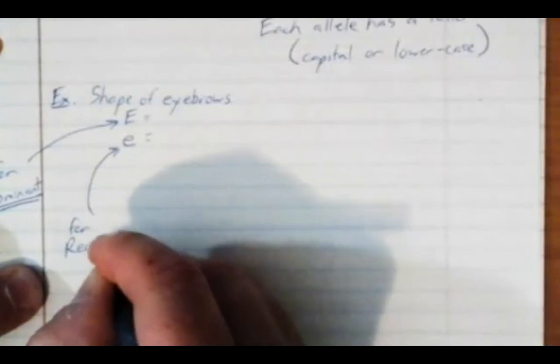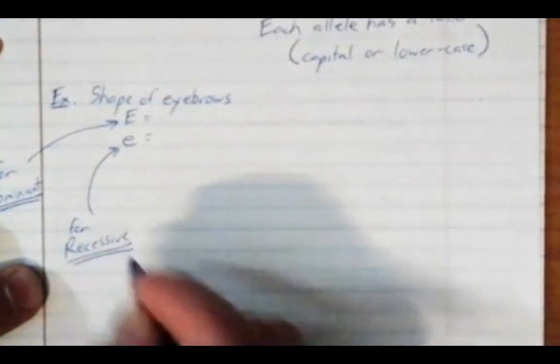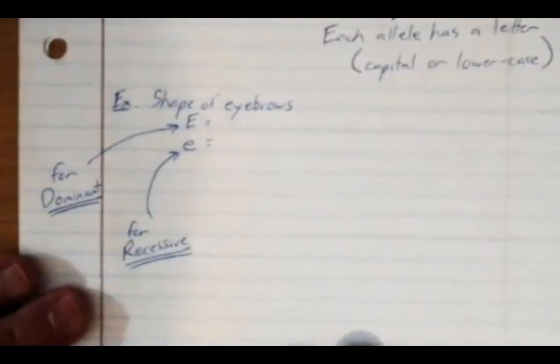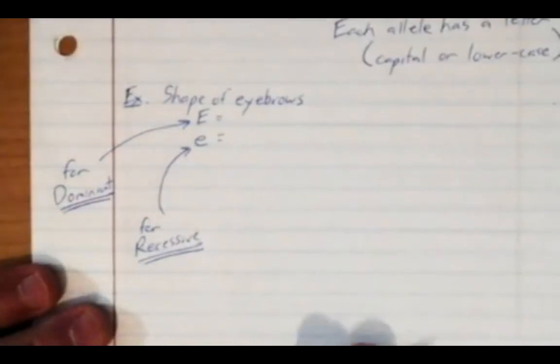And the lowercase letter is for what we call the recessive allele. And so you might be asking, what is dominant, what is capital? Okay, so I'm going to go through the example and that'll explain what dominant and recessive are. So in this example, bushy eyebrows are dominant and thin eyebrows are recessive.